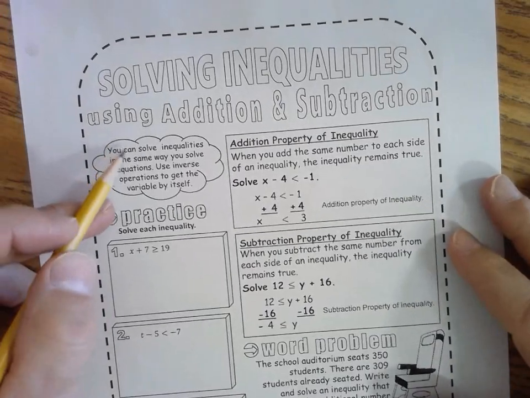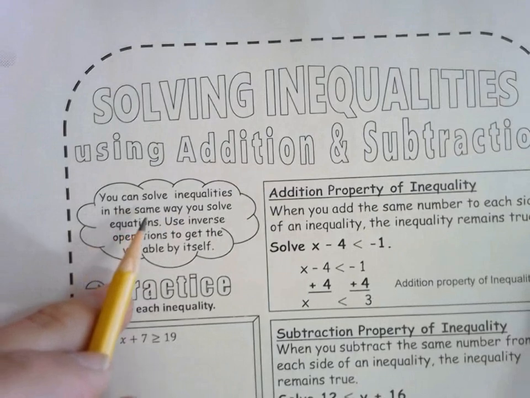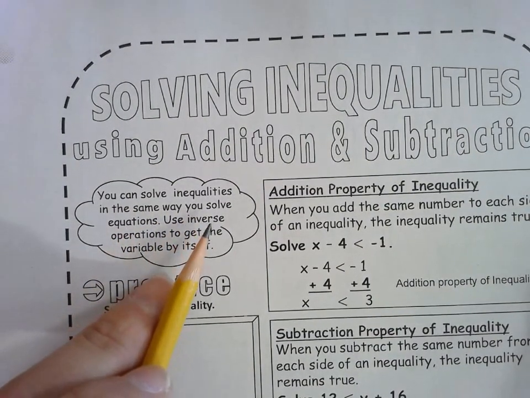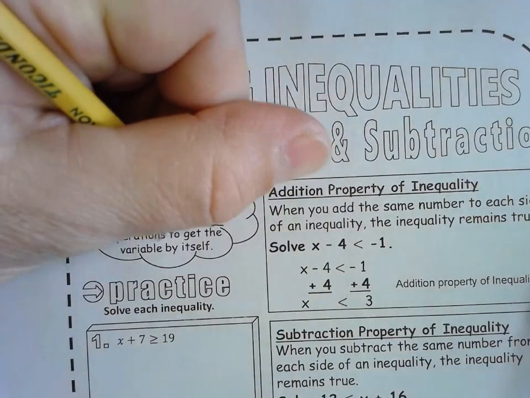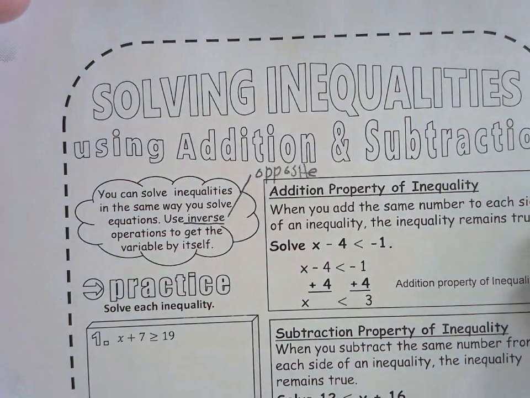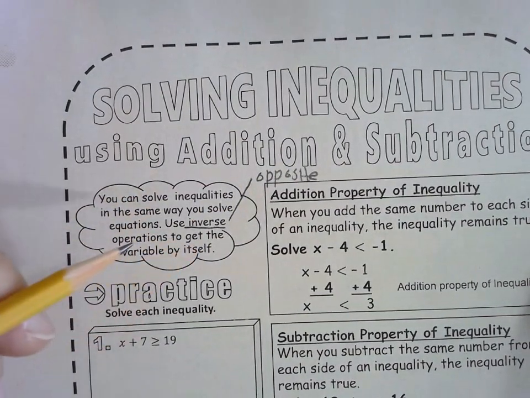So you can solve inequalities in the same way you solve equations. Use inverse. Okay, remember, inverse means what? Inverse means opposite. Use inverse operations to get the variable by itself.